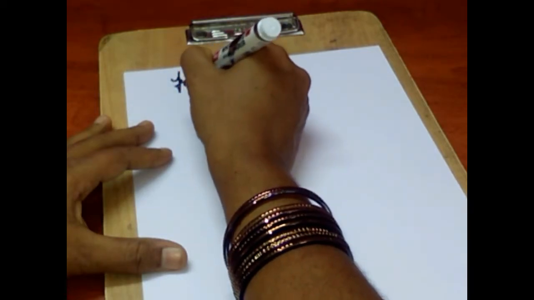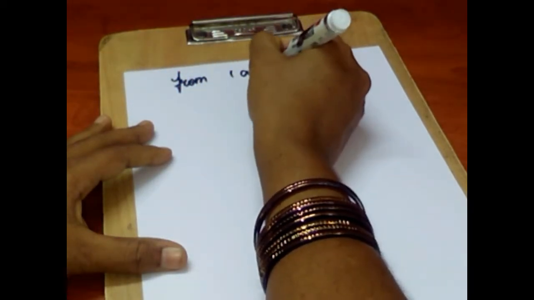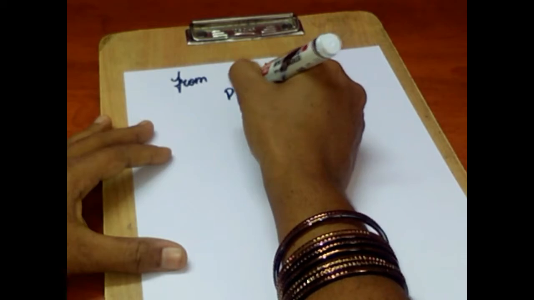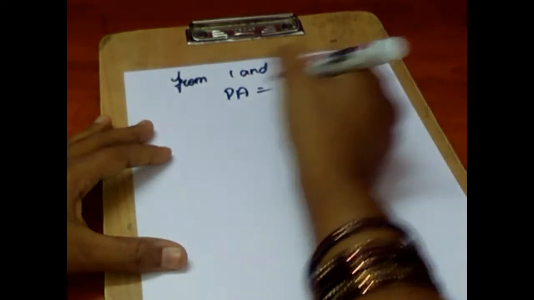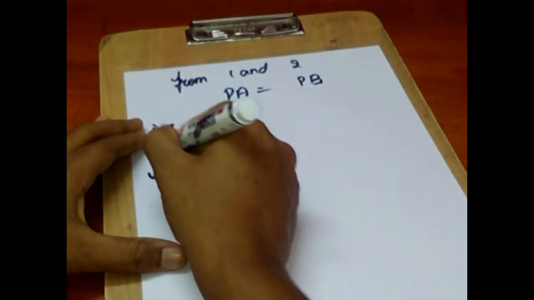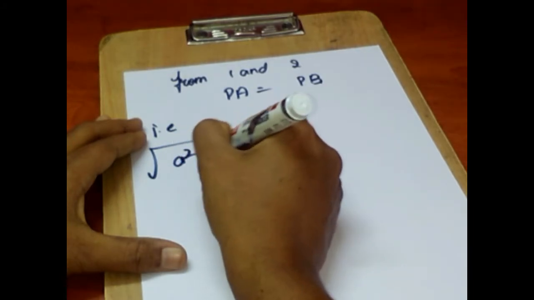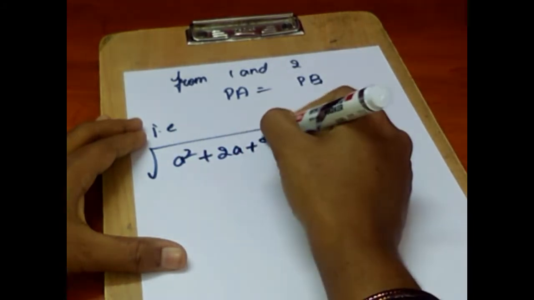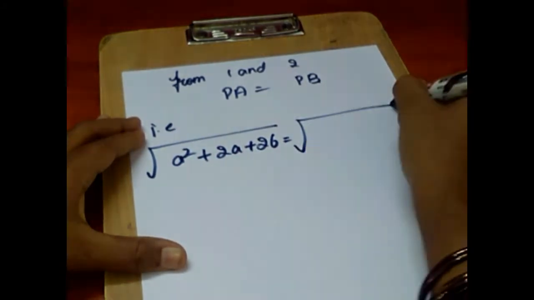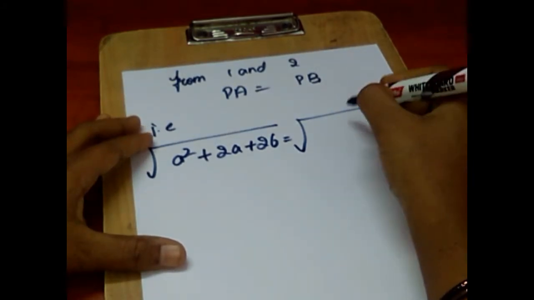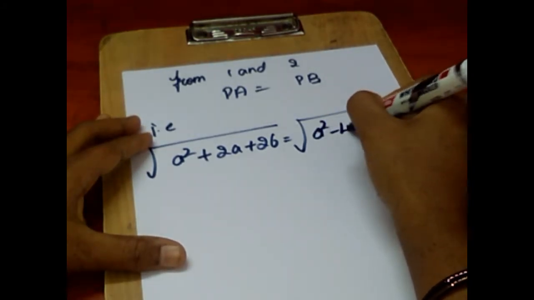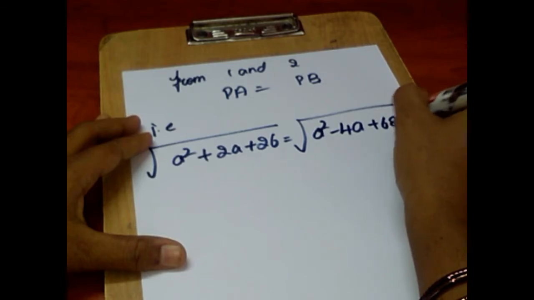Now consider both the results, that is result number 1 and result number 2, make it as equal. So from 1 and 2, PA is equal to PB, that is square root of a square plus 2a plus 26 is equal to square root of a square minus 4a plus 68.